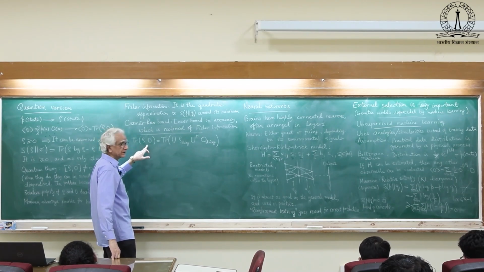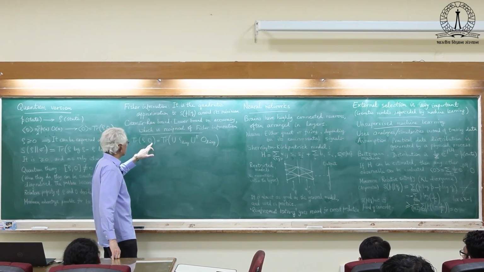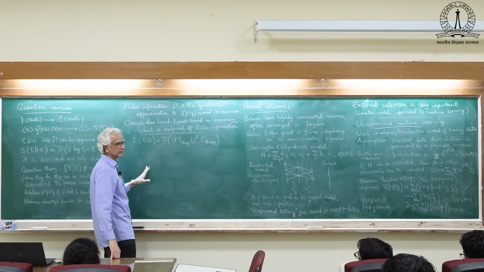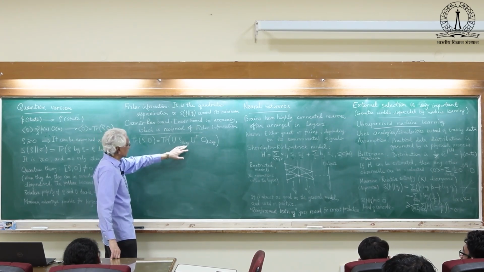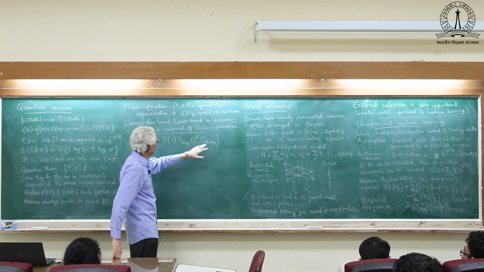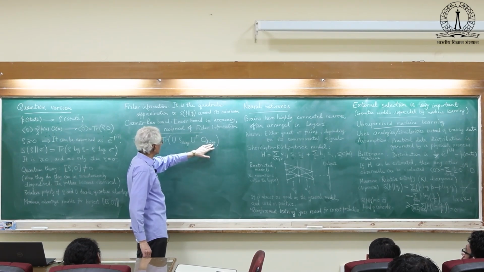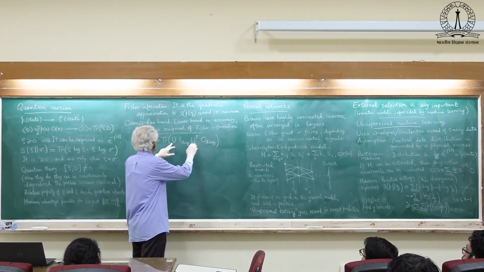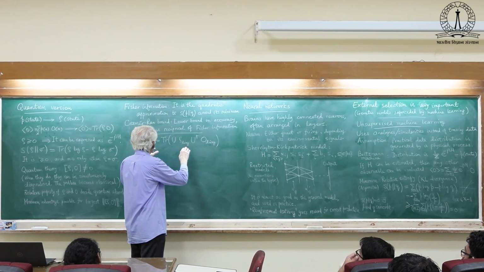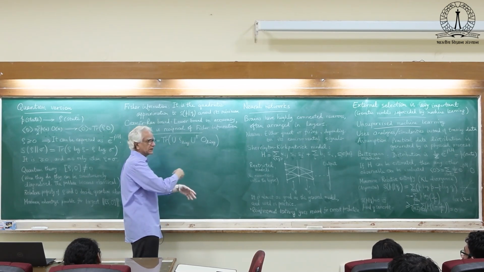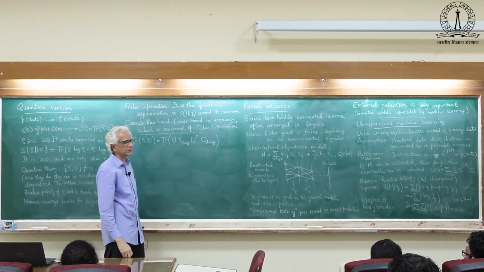Both of these are Hermitian objects, so they can be diagonalized by unitary transformation. So I can write down the diagonal form for rho. What is the operator? Again, the diagonal form for it, and this U and U dagger represent the relative unitary transformation between the two.